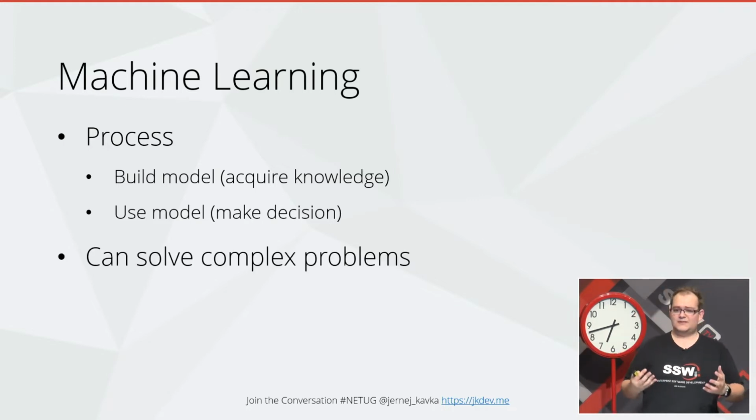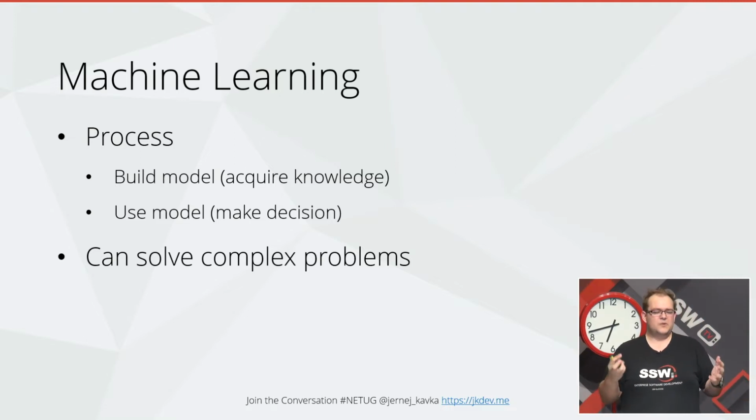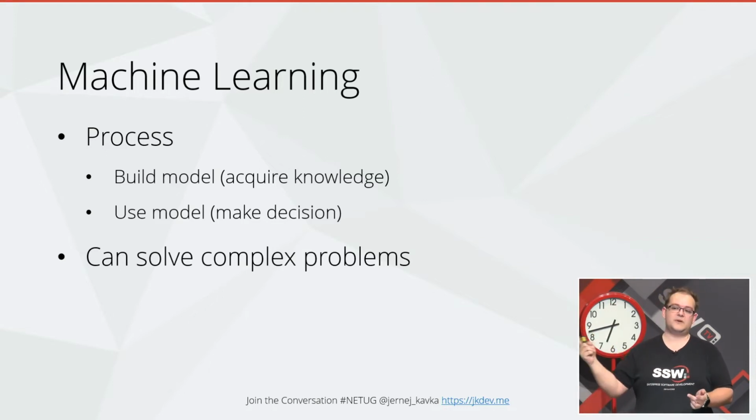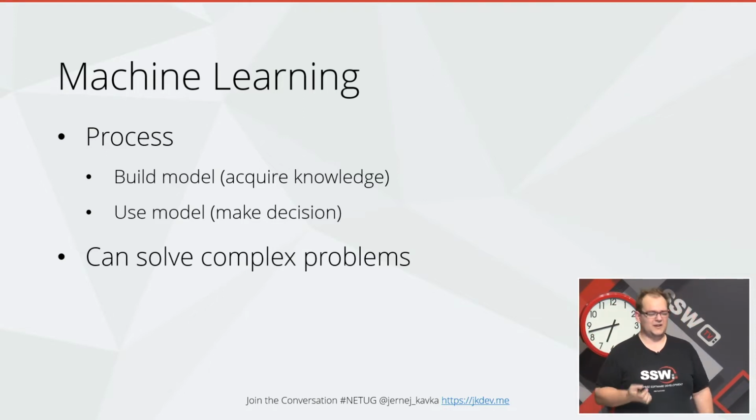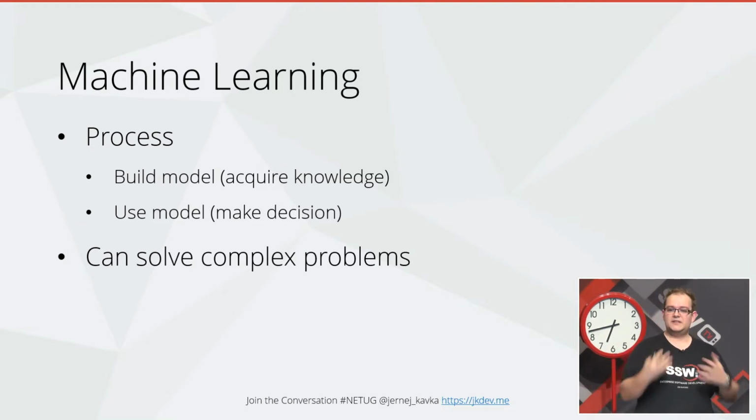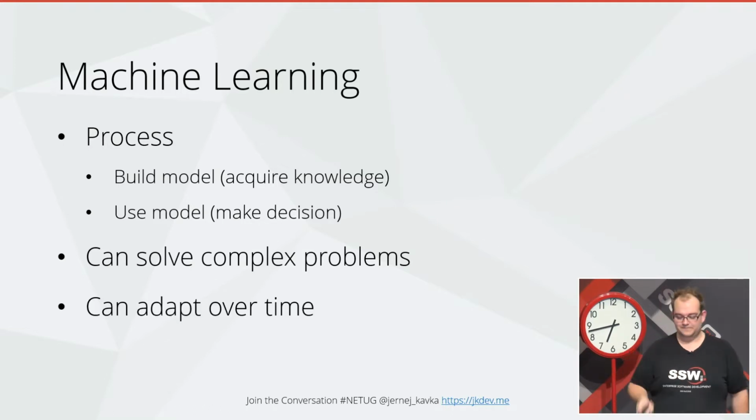And that allows us to solve complicated problems, because you can use algorithms to solve all kinds of problems. But the problem with that is that some problems are just not practical to be solved imperatively or algorithmically. And this is where machine learning can help you out, basically solve the problem.